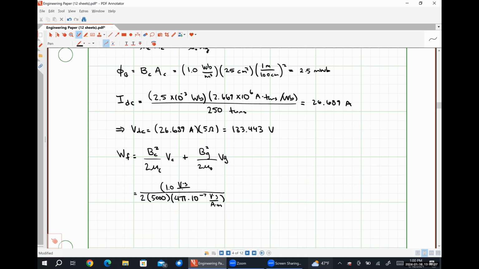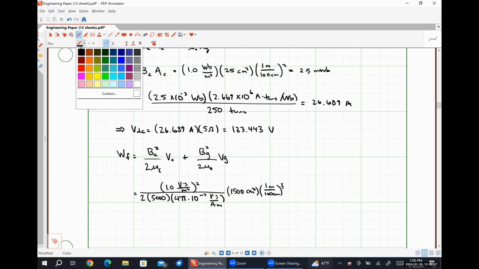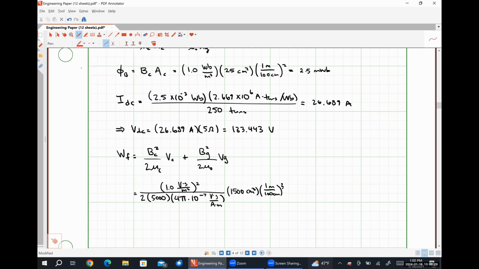So I have volt seconds per meter squared, and this is squared. Now I'm going to multiply this by my volume, 1,500 centimeters cubed, and then a conversion factor of 1 meter per 100 centimeters, cubed. Let's look at what the units are doing here, just for the sake of argument.